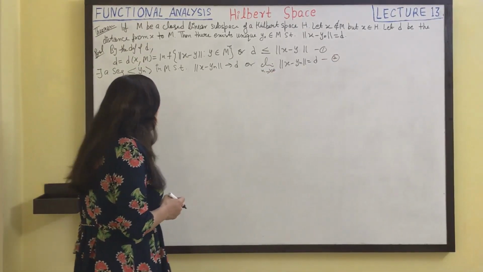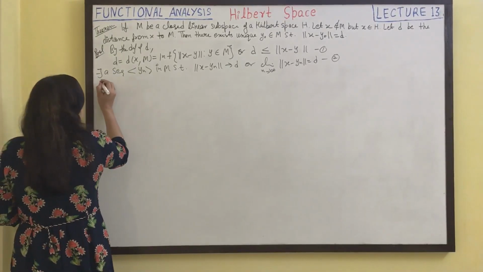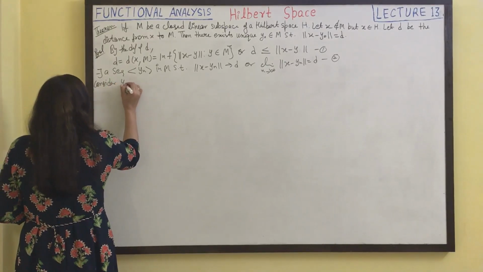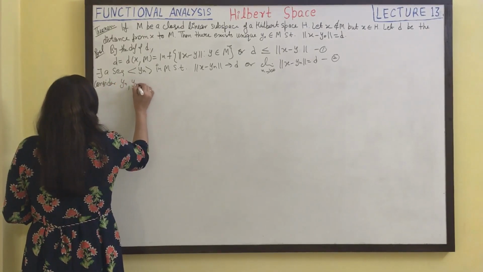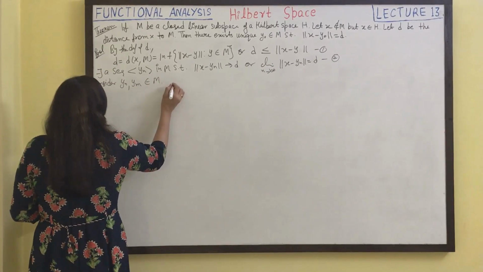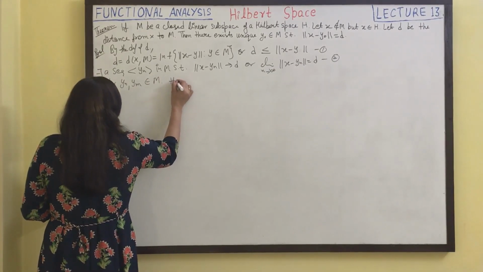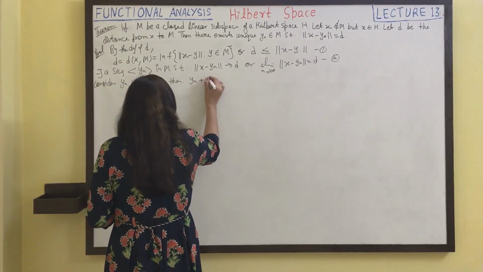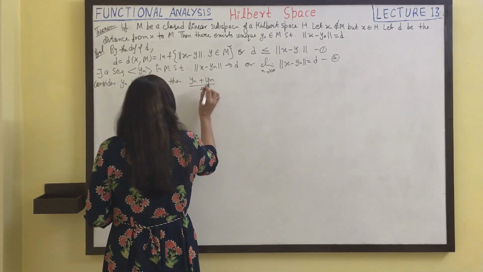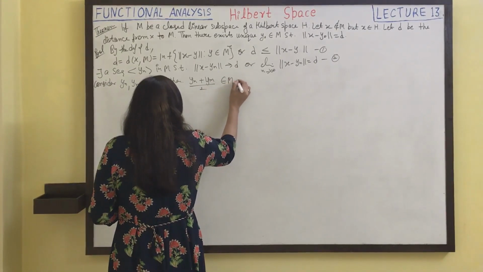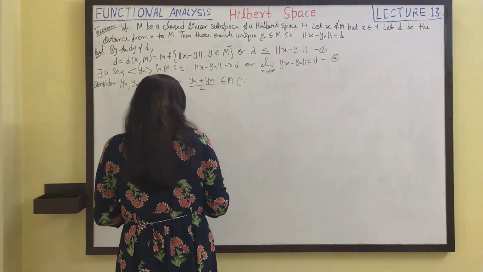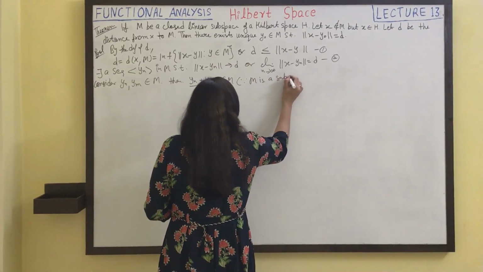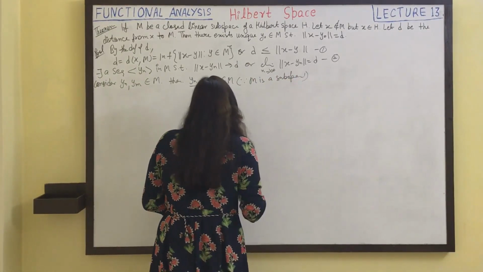Now we consider two elements of the sequence. Consider yn, ym belong to M. Then (yn plus ym) divided by 2 belongs to M, since M is a subspace.